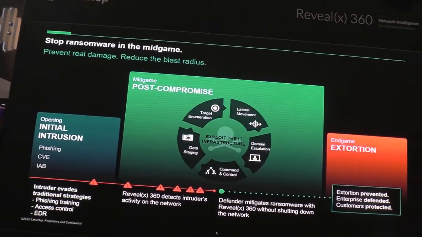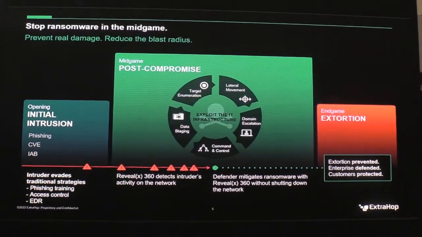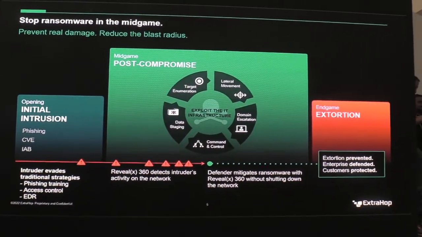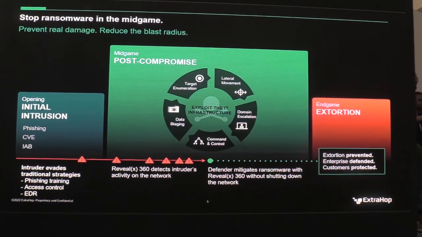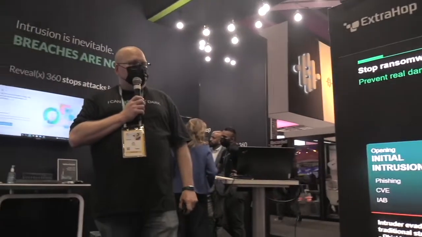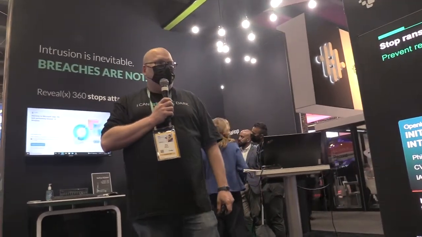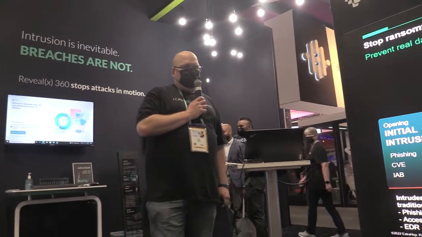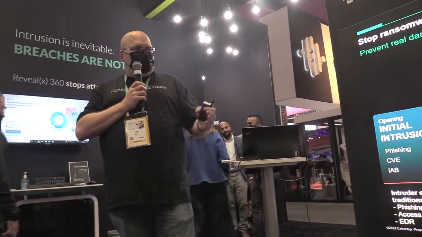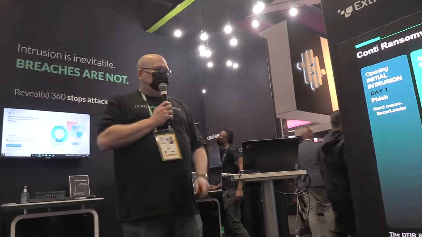Lots of things go on in the mid-game: target enumeration, lateral movement, domain escalation, command and control. There's a lot of stuff going on in there, but there's a lot of opportunity for us as defenders to find and locate the bad actors in your environment prior to them getting to their end game, whether that be exfiltrating data or encrypting your file data. Lots of opportunity.